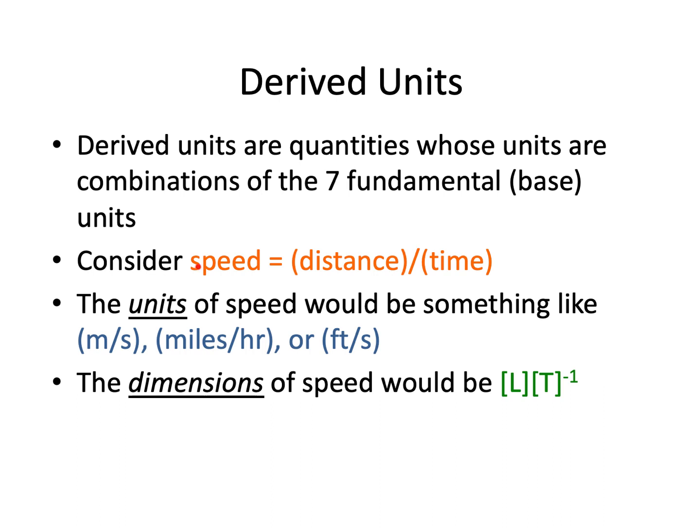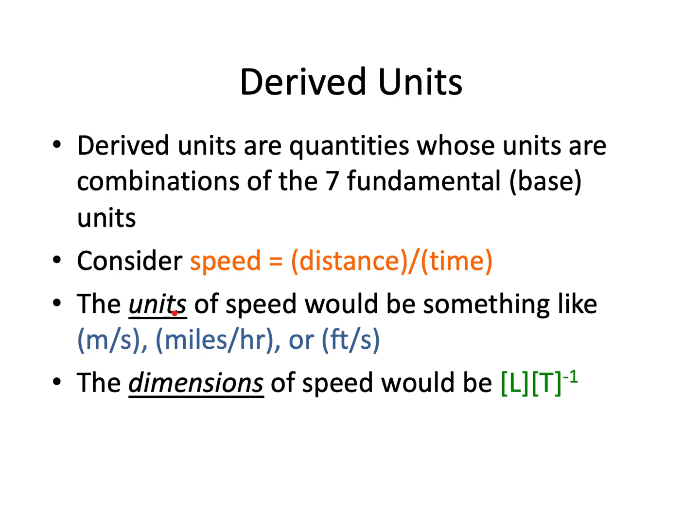Let's consider speed. Speed is an example of a derived unit. Now, speed is defined as a distance divided by a time. And so distance or length is a fundamental unit. Time is also a fundamental unit, but speed is not. Speed is a combination of 2 fundamental units, one divided by the other.